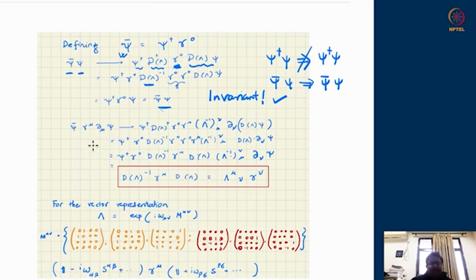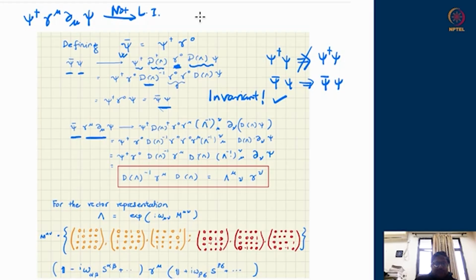Similarly, if I look at this quantity over here, which is the first term in the Dirac Lagrangian we were trying to write down, ψ dagger γ^μ ∂_μ ψ. This was again not Lorentz invariant.